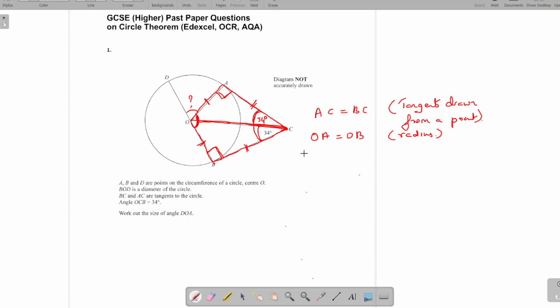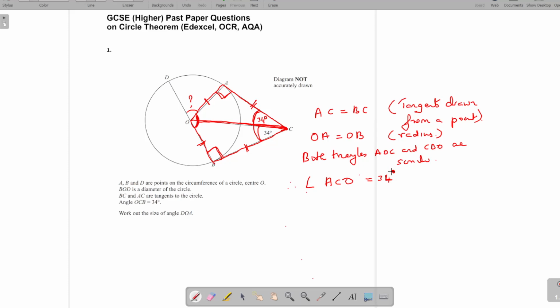So both triangles, write it down, both triangles AOC and CBO are similar. Therefore, angle ACO is 34.